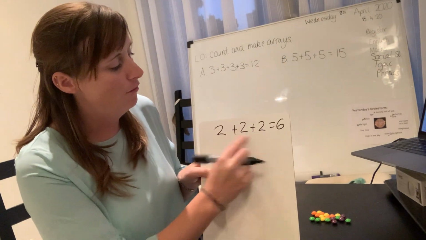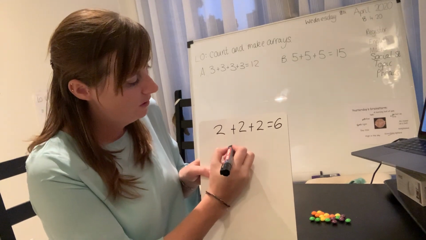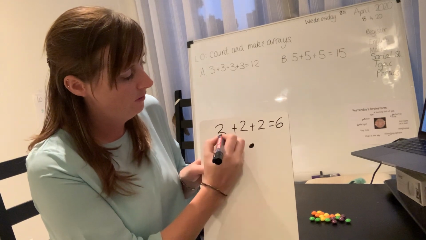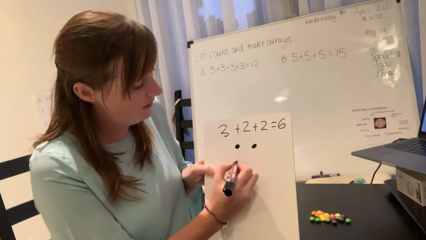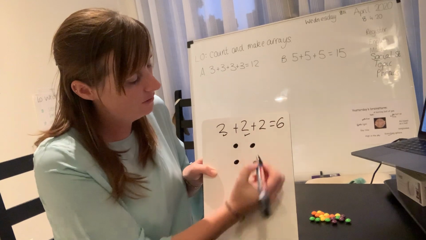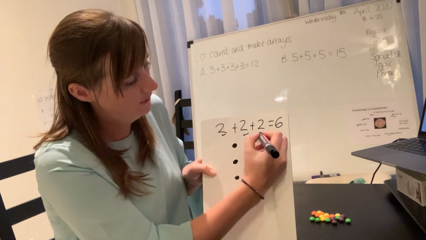So I know that I've got 3 lots of 2 here. So I'm going to draw my first 2. Just going to do circles. So I've got 1, 2. I've done that one. I always like to tick off so I remember. Now I've got to do the next one. 1, 2, tick. And I've got my next one, 2.